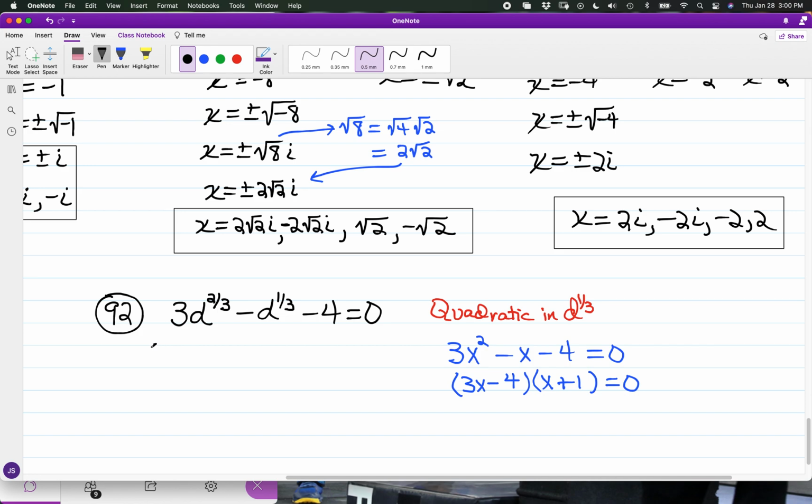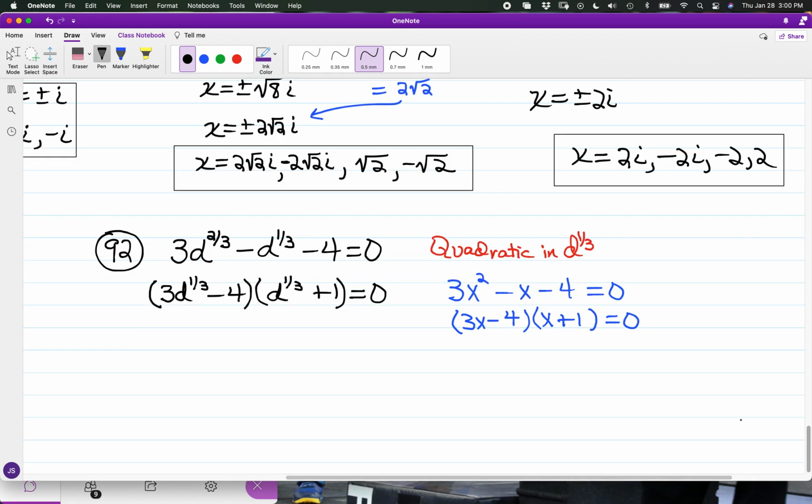So I have 3d to the 1/3 minus 4, times the quantity of d to the 1/3 plus 1. So just think of d to the 2/3 as x squared, and d to the 1/3 as x, and just factoring. These are analogous to each other.